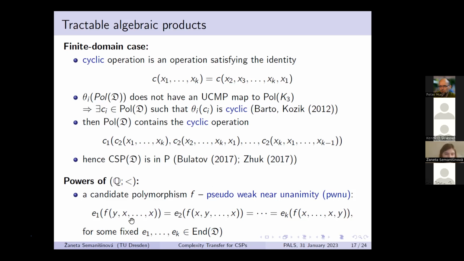And these pseudo-weak NU polymorphisms almost satisfy the weak NU identity. So f of y, x, x, ... is equal to f of x shifted around, and all of these k equalities hold, but up to application of some endomorphisms that are fixed for the operation.